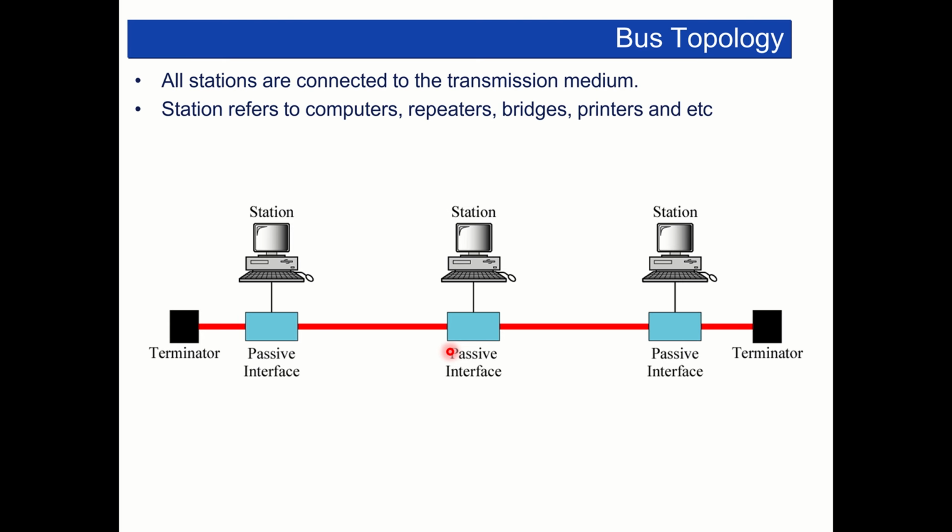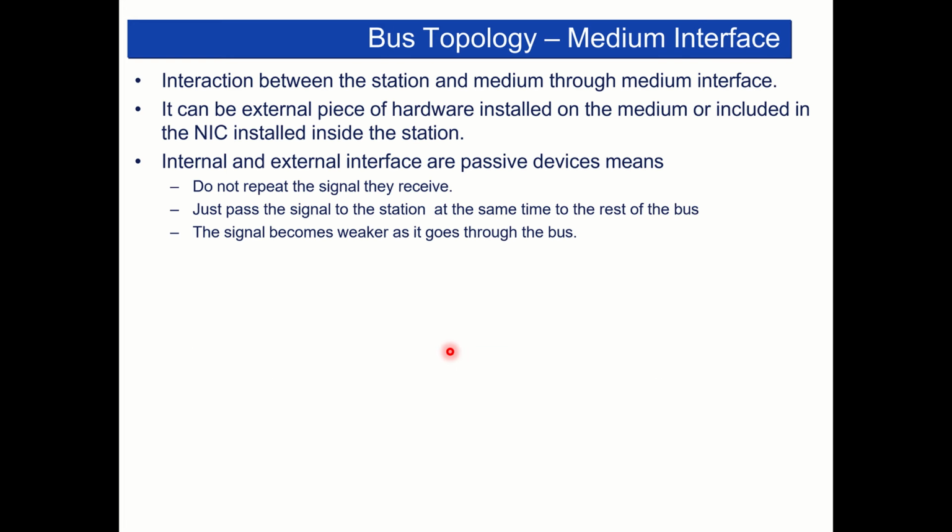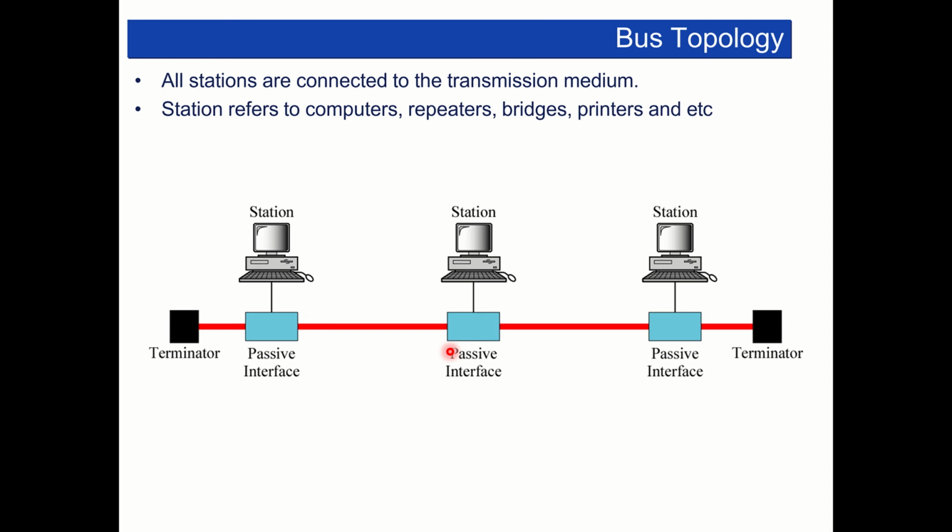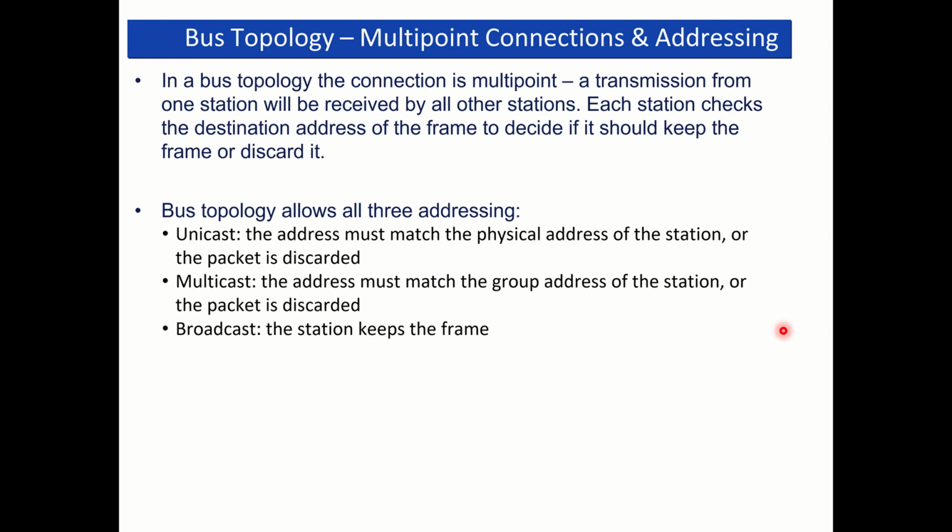So basically here I have explained earlier on about the passive interface, but when I talk about the passive interface, we also talk about the prevention of the signal reflection. Okay, the use of terminator to prevent signal reflection.